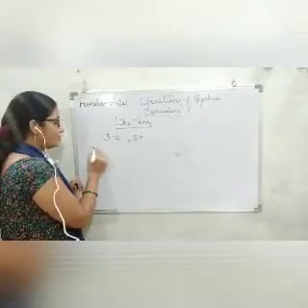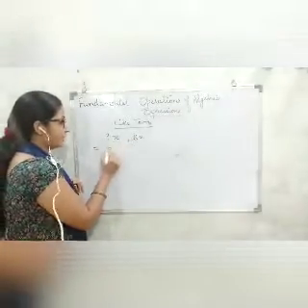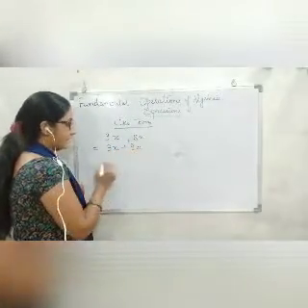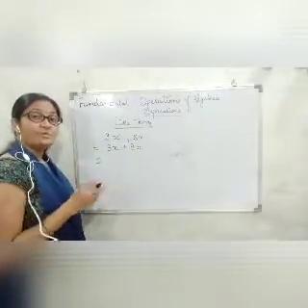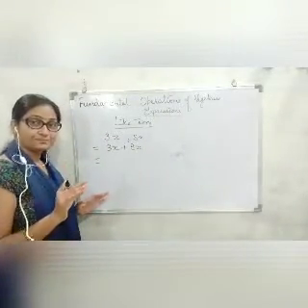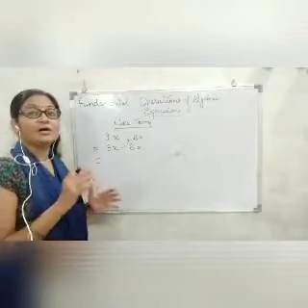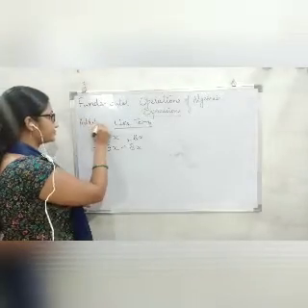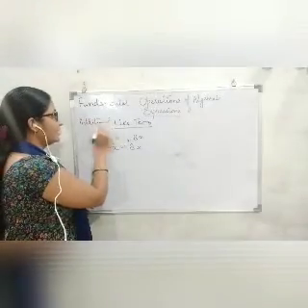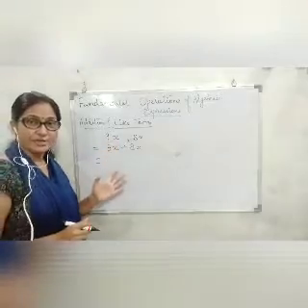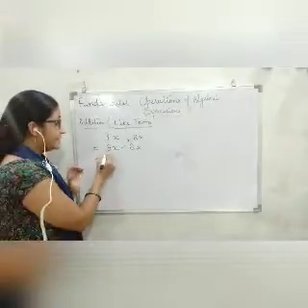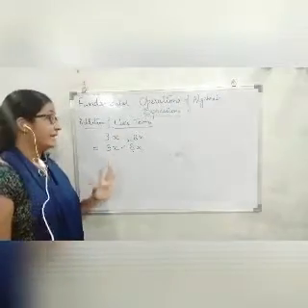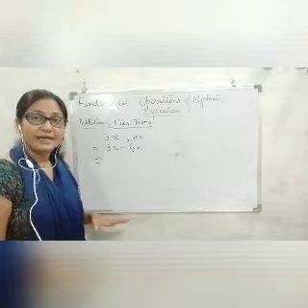Okay, so now to add these two terms, I am going to write them with an addition operator. So 3x plus 8x. Now you have to keep one most important thing in mind: whenever we are going to add such kind of expressions, always keep in mind that only the like terms can be added.